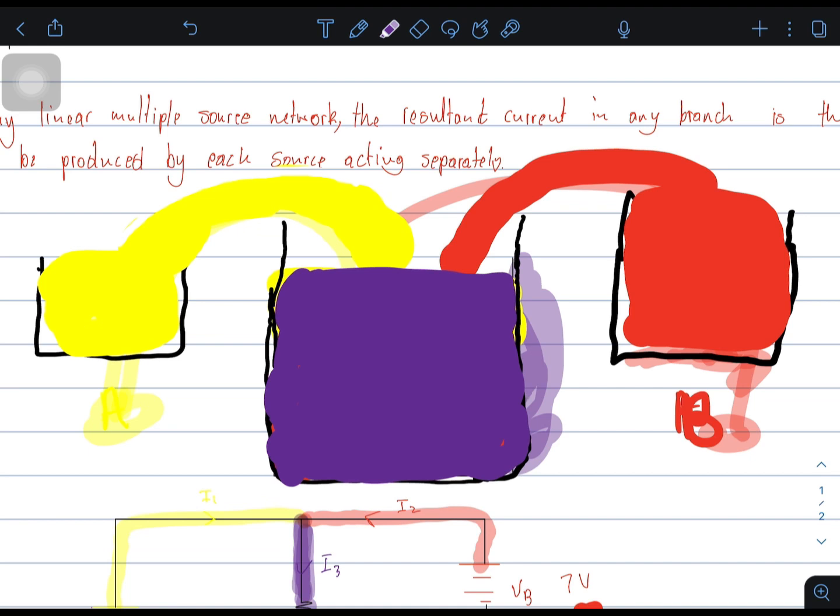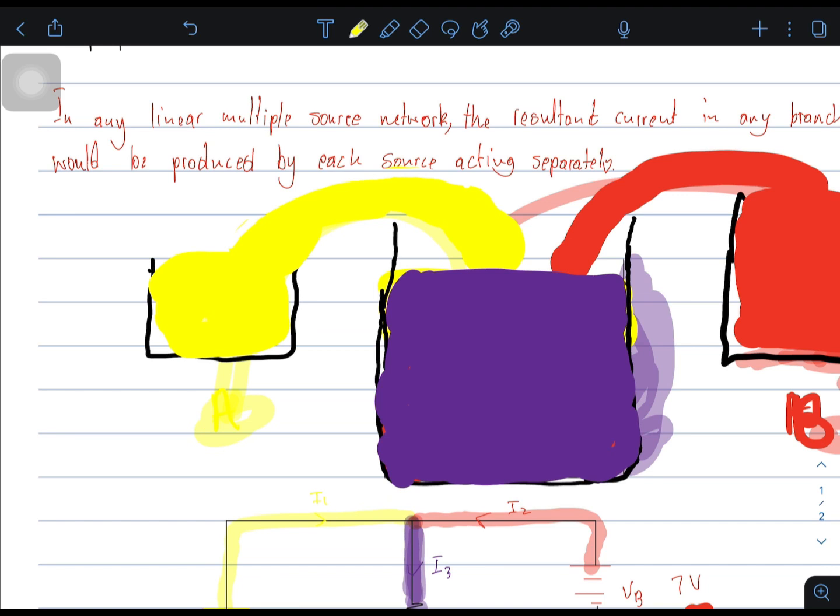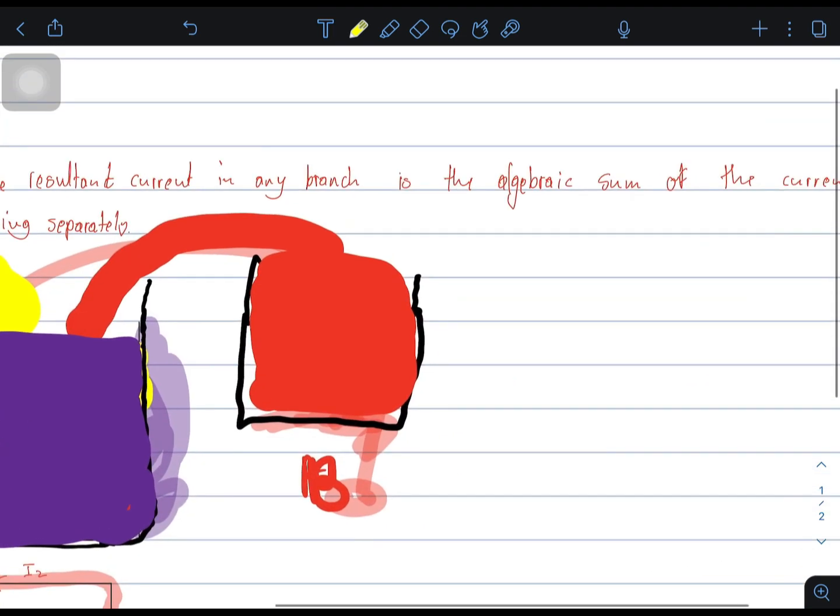For us to calculate that, let's say this yellow tank had 10 liters and this red tank had 15 liters.